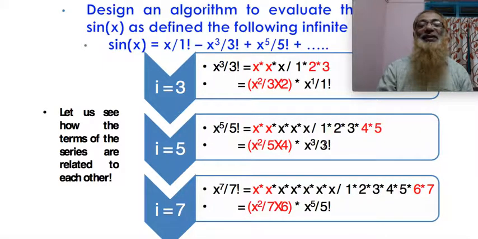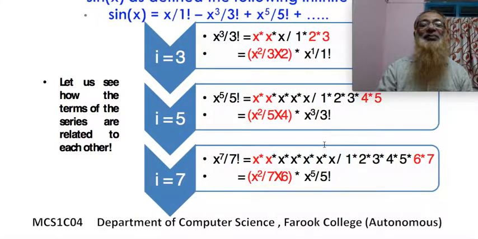Similarly, see the last term, I equal to 7, x^7 by 7 factorial. This term can be written as x squared by 7 into 6 into x^5 by 5 factorial. Can we see any kind of relation between these terms?